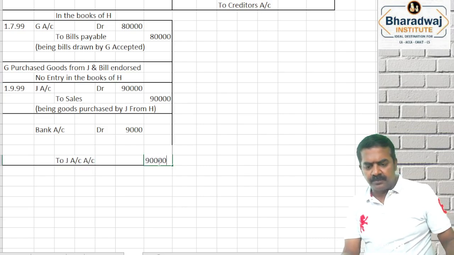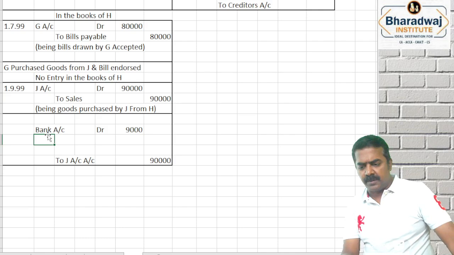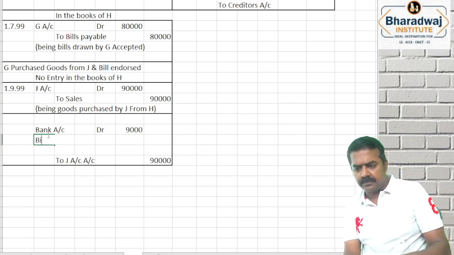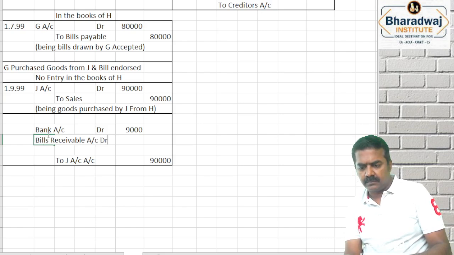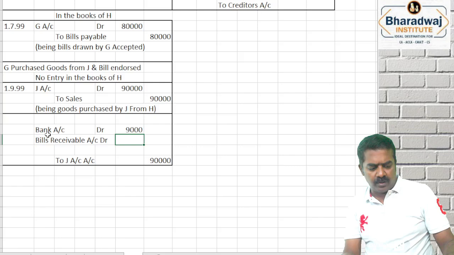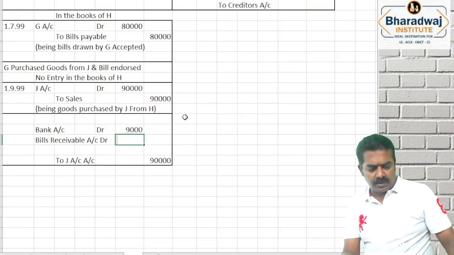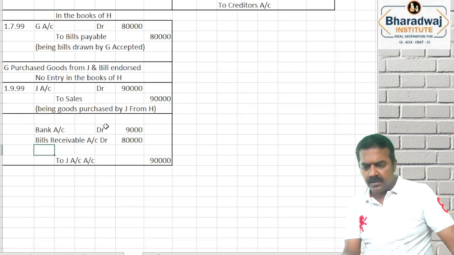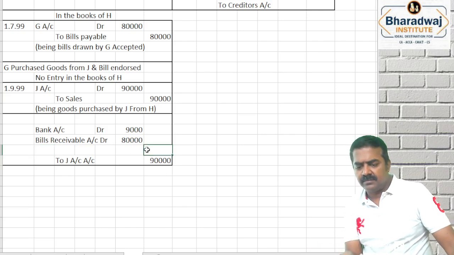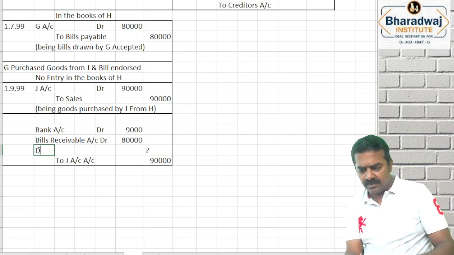For the purchases, how much does J have to pay? 90,000. They transfer the endorsed bill. Bills receivable account debit. What is the endorsed bill value? 80,000. The endorsed bill value is 80,000. There is a balance. Discount.